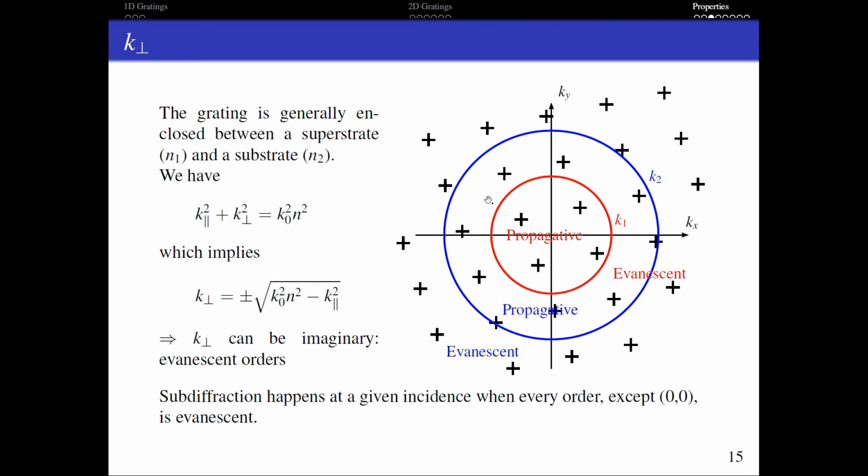And of course, in both cases, we have an infinite number of evanescent orders, and they are going to participate to the near field on the grating when you're not looking directly at the structure. But if you are a bit above or a bit below your structures, the evanescent field is going to be defined based on all the evanescent orders outside those circles. Okay?